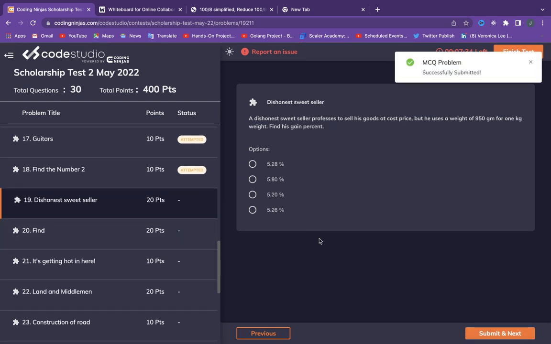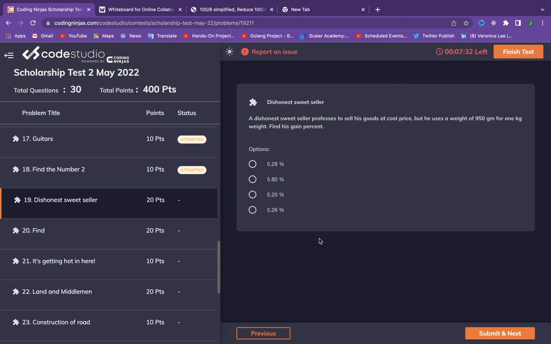A sweet seller professes to sell his goods at cost price, but he uses a weight of 950 gram for 1 kg weight. Find his gain percent.